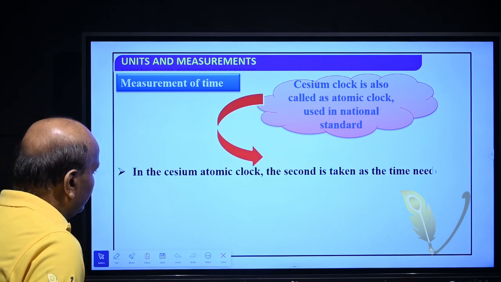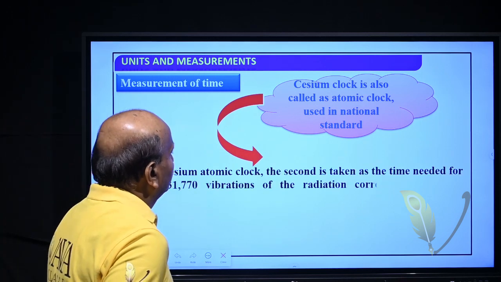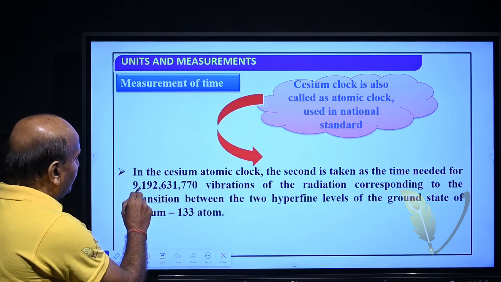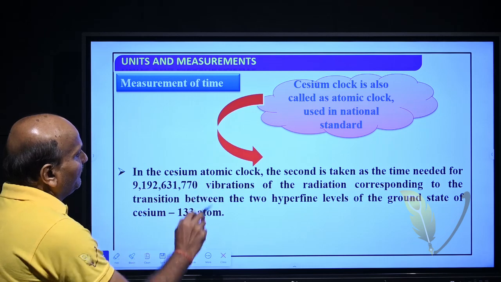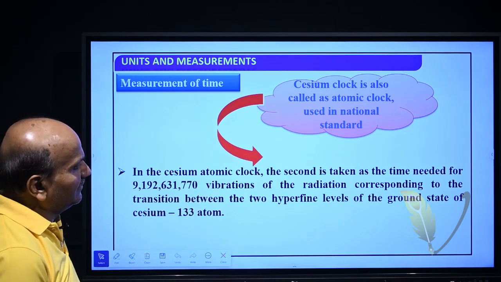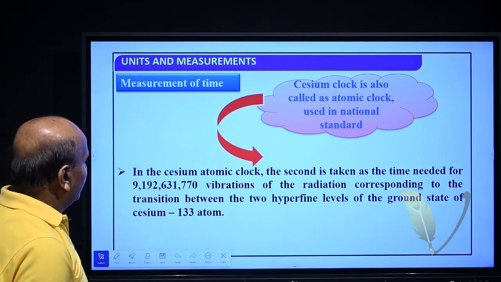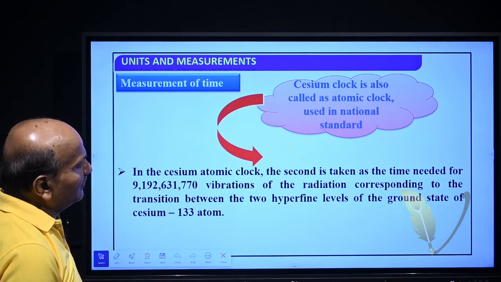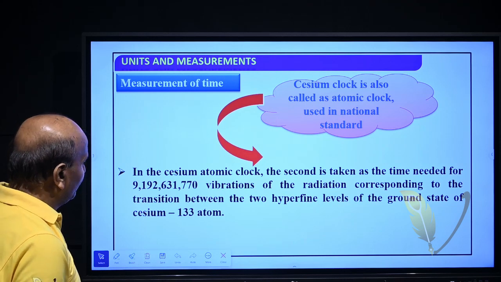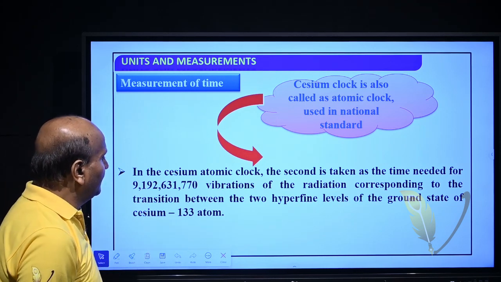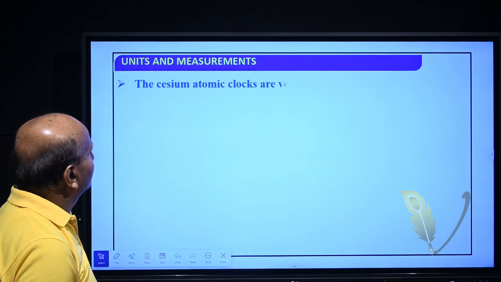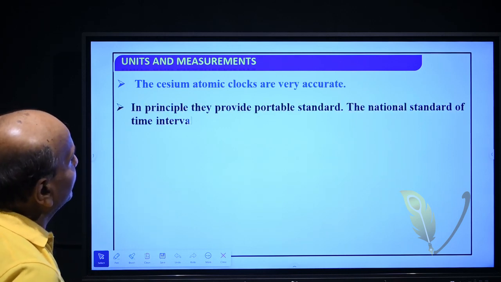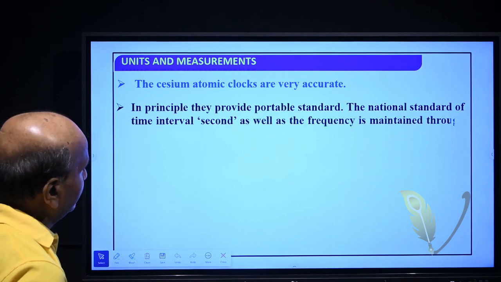In the cesium atomic clock, the second is taken as the time needed for these vibrations of the radiation corresponding to the transition between the two hyperfine levels of the ground state of the cesium-133 atom.